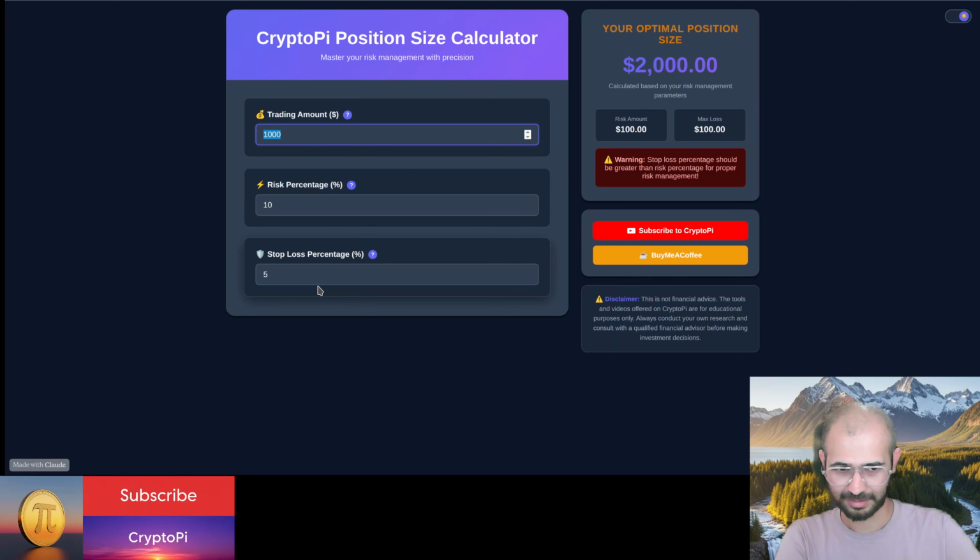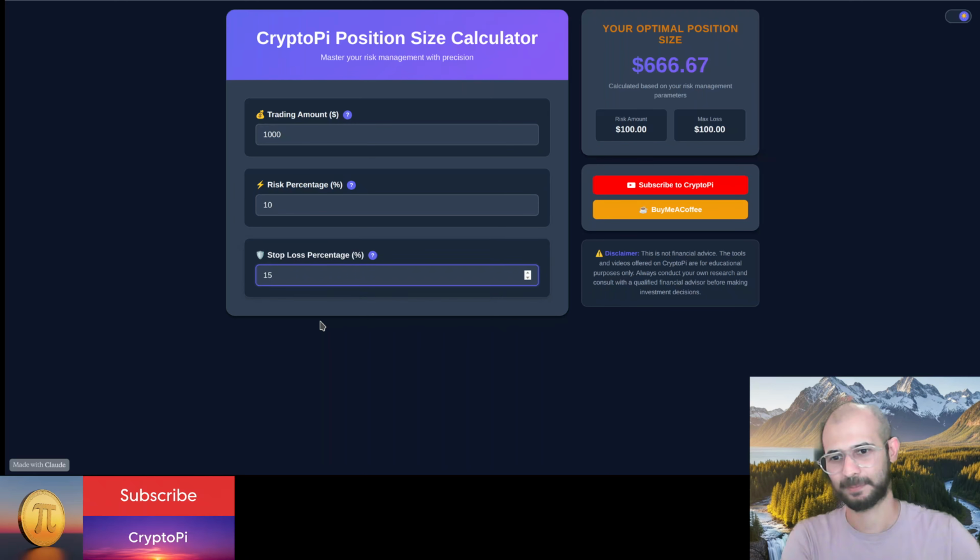To avoid such high risk when I'm still learning, when I'm still playing around and doing paper trades, it's better to have my stop loss more than my risk percentage. In this case, you see that my maximum loss would be $100. My position size will be 600, and if I stop at 15%, I get out, and my loss is $100.